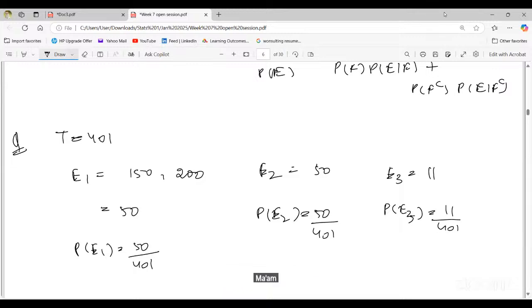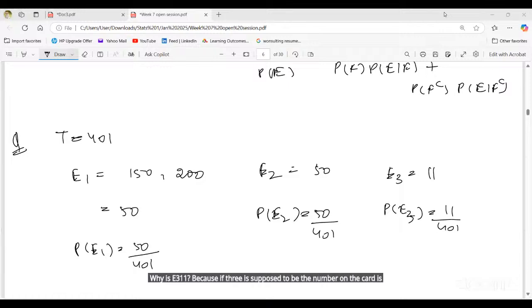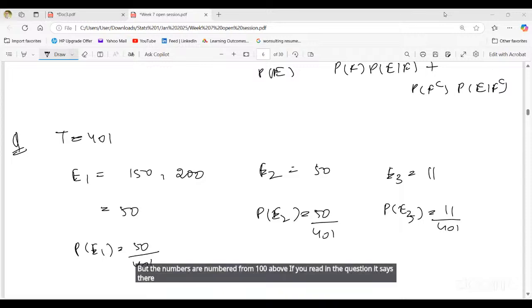Ma'am, is my logic correct, or is there something wrong? No, why is E3 11? Because E3 is supposed to be the number on the card greater than 60 but less than or equal to 110. So it should be 50 again, right? But the numbers start from 100 upward. If you read the question, it says an urn contains cards numbered from 100 to 500.